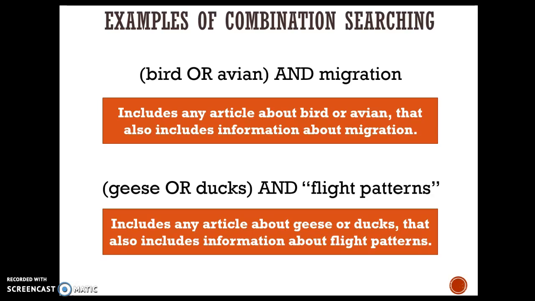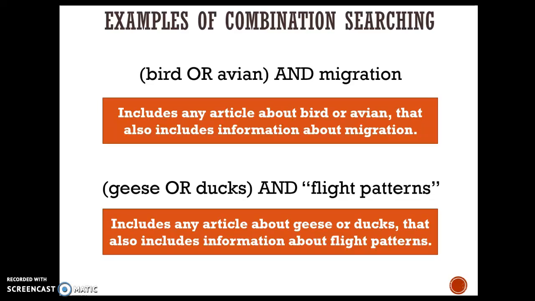Okay, so we want to remember order of operations too. So the parentheses here just separate out the one search with the OR, and then we also have the AND. So bird or avian, and what's that going to do for our search? It's going to broaden.